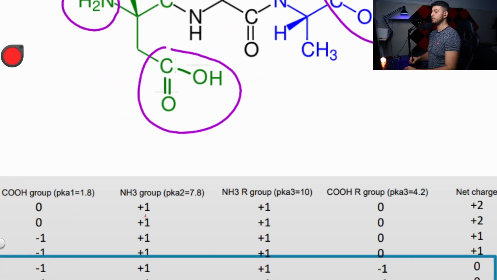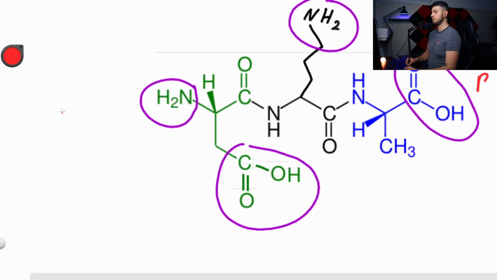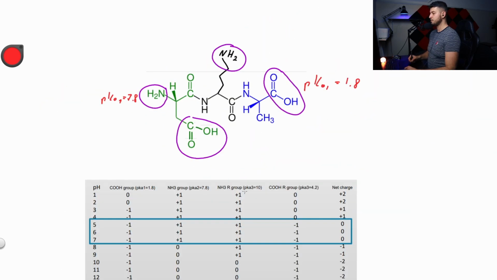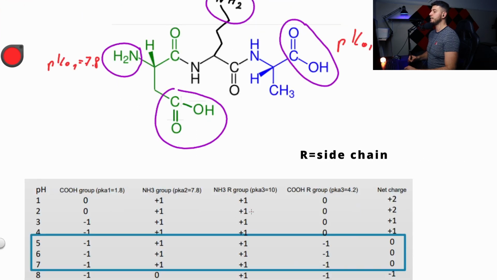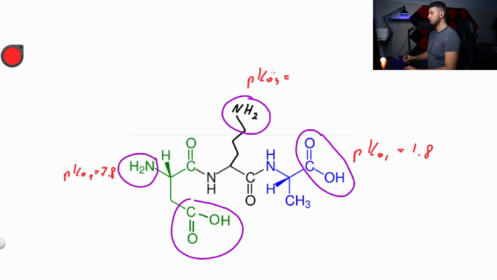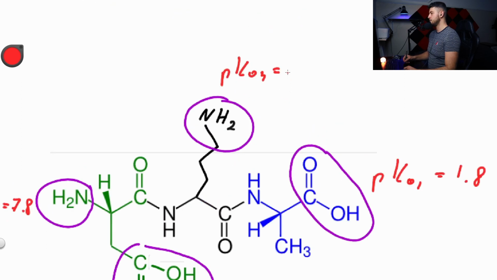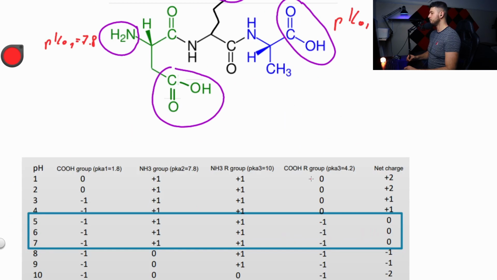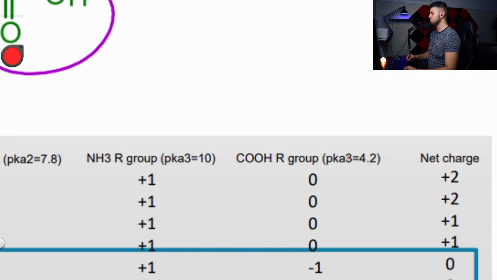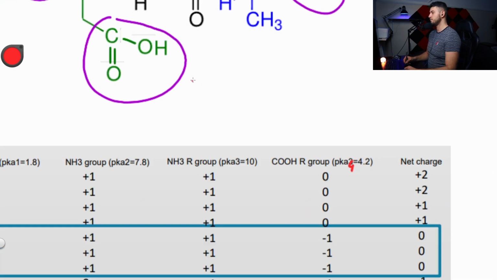Now NH3, the same, terminal, pKa 2, 7.8. Next, the NH3 R group, pKa 3, this one, and this is 10. And finally, COOH R, so pKa 4, and it's 4.2.